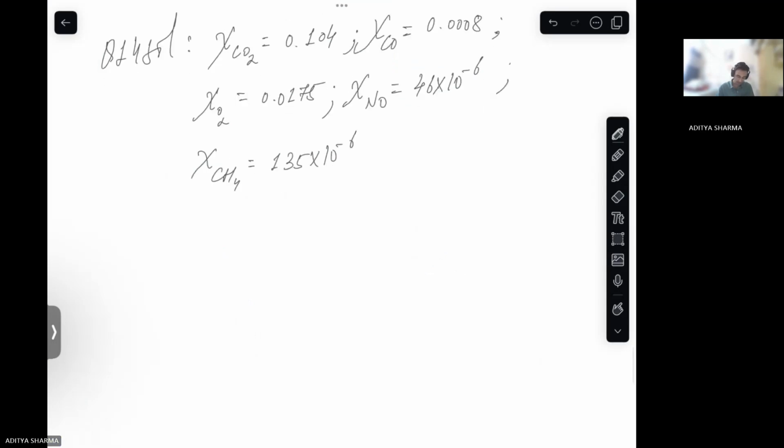Okay. Now molecular weight of CH4 is 12 into 1 plus 4 into 1, which is 16.